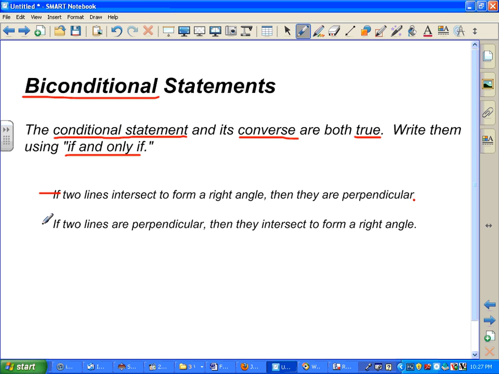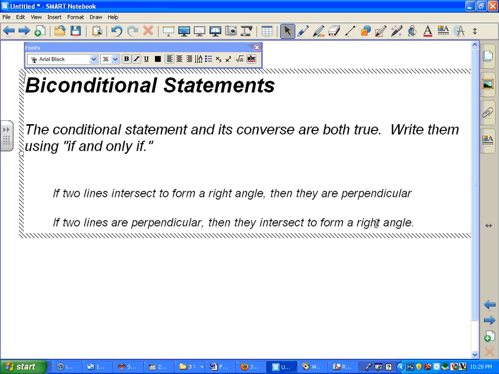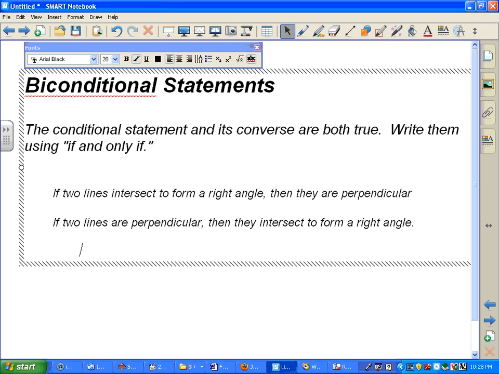So if I write the converse, I switch the hypothesis and the conclusion. If two lines are perpendicular, then they intersect to form a right angle. Is that true? Yes, that is true. So how would we write this as a biconditional? It would look like this. Two lines intersect to form a right angle if and only if they are perpendicular.